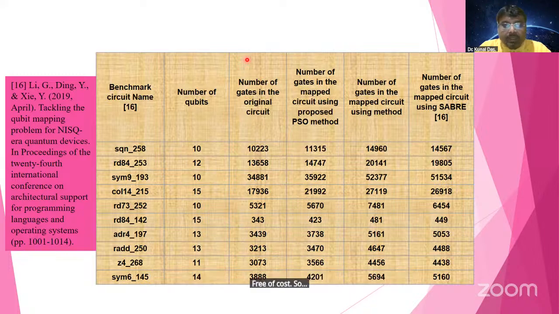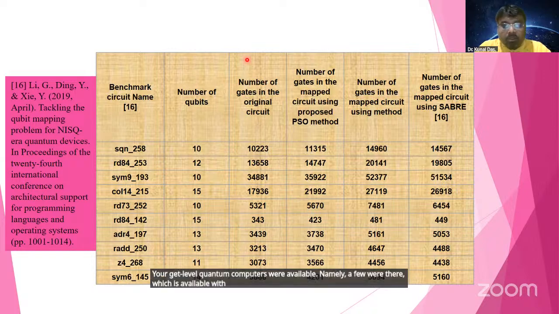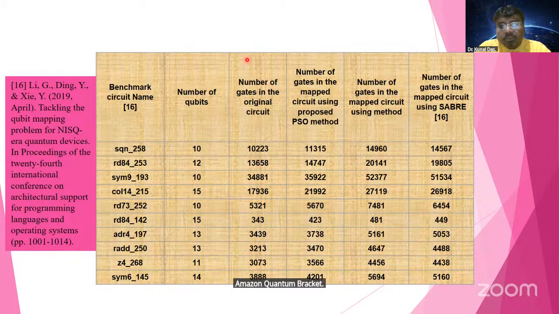In terms of other gate-level quantum computers, a few are available, namely Amazon Braket, which is more costly than IBM Q. Frankly speaking, IBM Q has given an opportunity to contribute to the transpiler design, so they are creating an open source mindset.